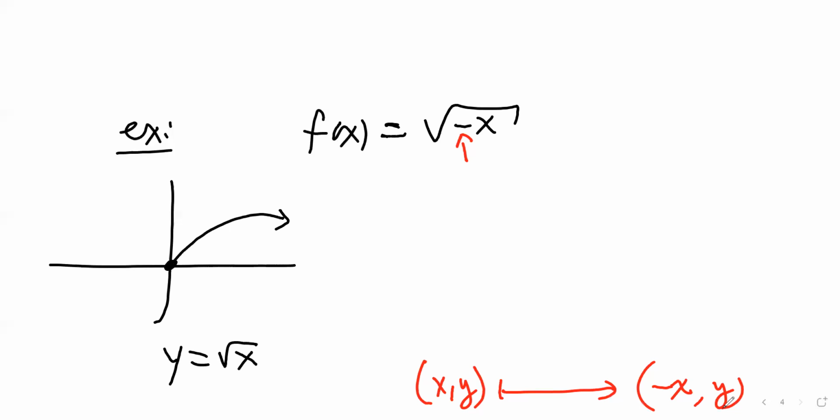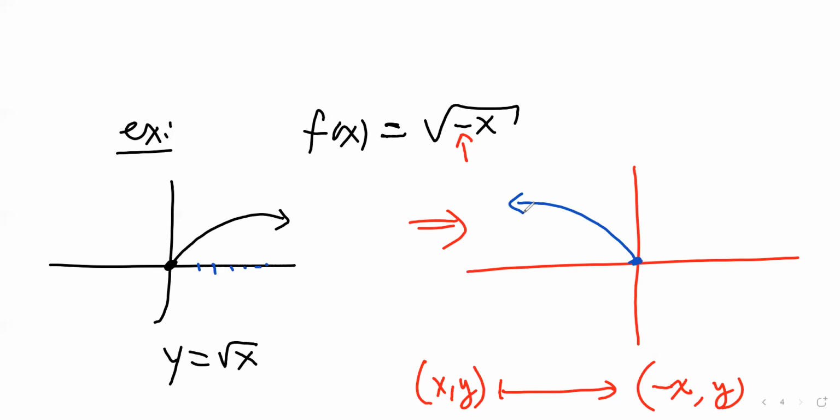X is changing sign, y is not changing. So the y's are the same, but the x's are changing sign. The x's here are all positive, and now they are all going to be negative. So it will be this way.